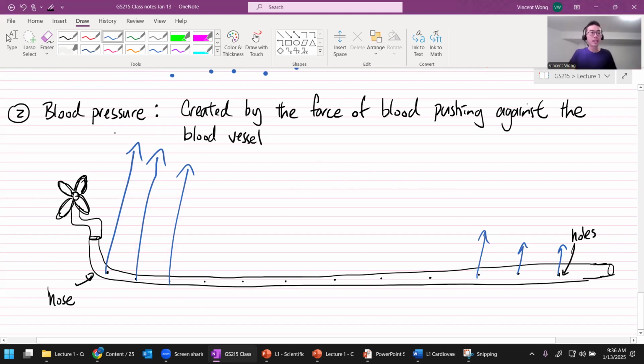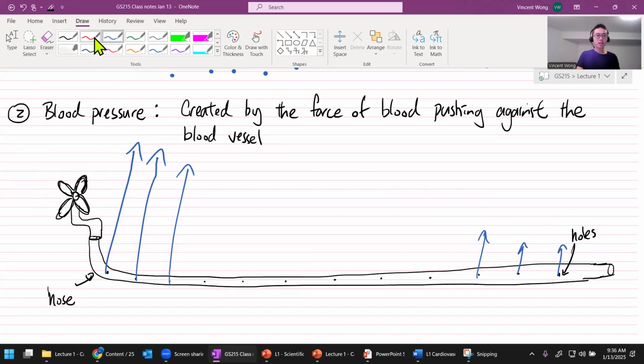Well, it's because the pressure is lower. As you move further away from the supply, the pressure drops and there's not as much pressure to shoot out the water.